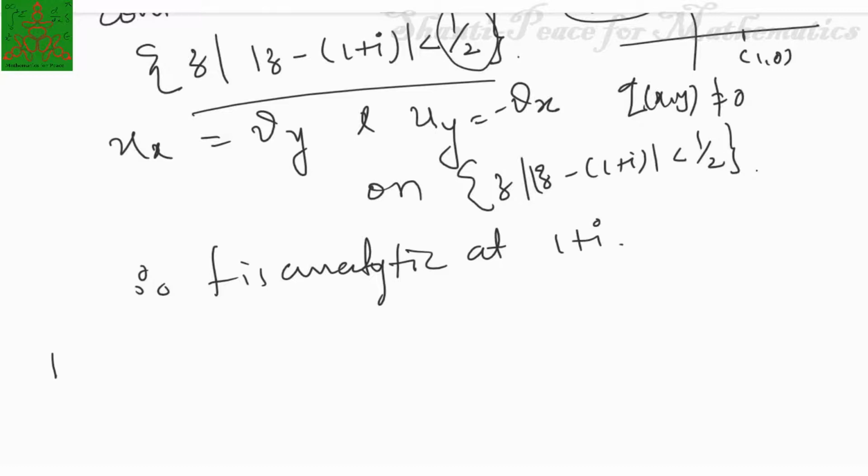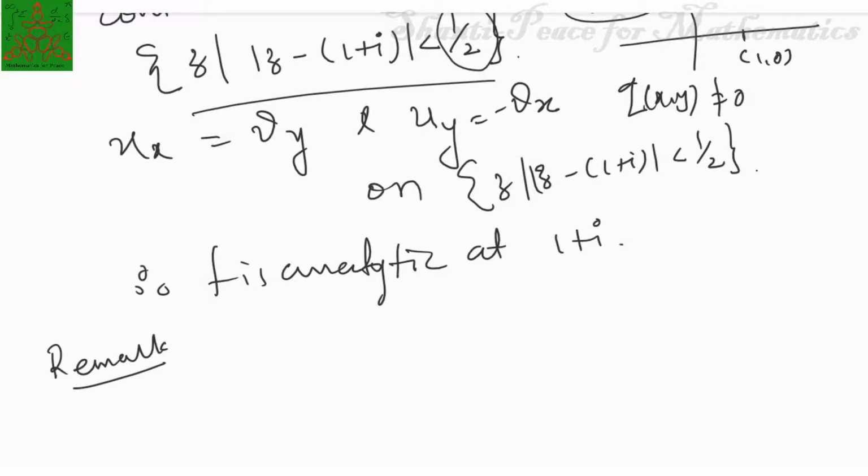Now let us have some further remarks. For differentiable functions, we have talked about the sum of two differentiable functions being differentiable, the product of two differentiable functions being differentiable, and the quotient of two differentiable functions being differentiable. We can extend that result to analytic functions.